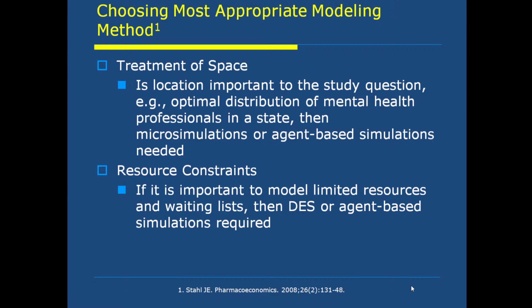For example, optimal distribution of mental health professionals in a state, then microsimulations or agent-based simulations are needed. Resource constraints. If it is important to model limited resources and waiting lists, then discrete event simulation or agent-based simulations are required.